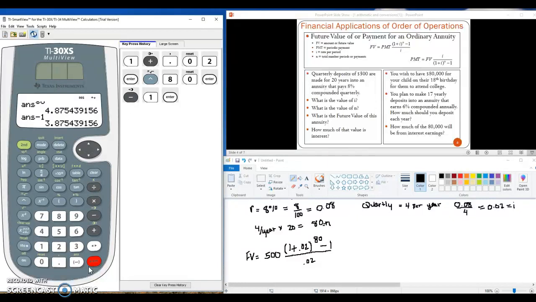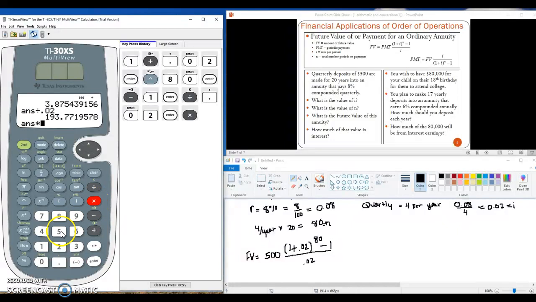So now I can do my multiplication and division, which are at the same step. So I'll take this and divide it by 0.02 to finish my fraction. Hit enter. And I will take that answer times my 500 to finish the problem. Enter.